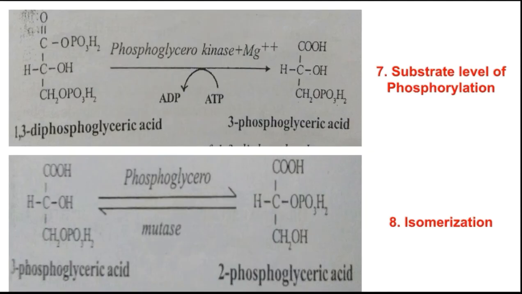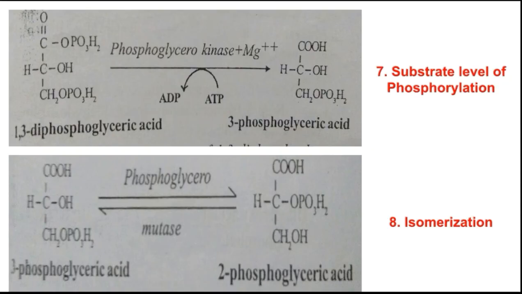In the next step, the eighth step, is the isomerization process. The 3-phosphoglyceric acid molecule undergoes internal rearrangement to form 2-phosphoglyceric acid, and the phosphate group is transferred from the third carbon atom to the second carbon atom.